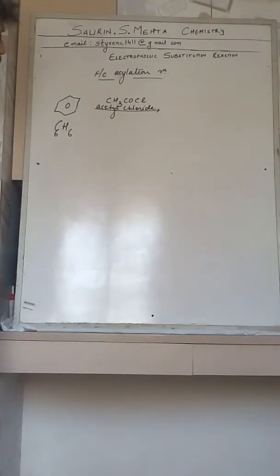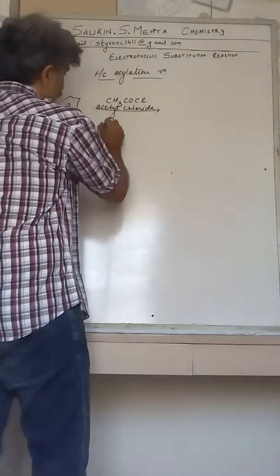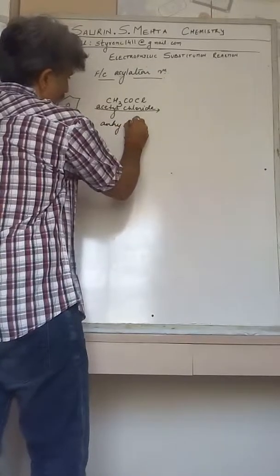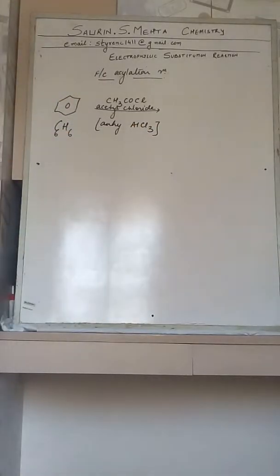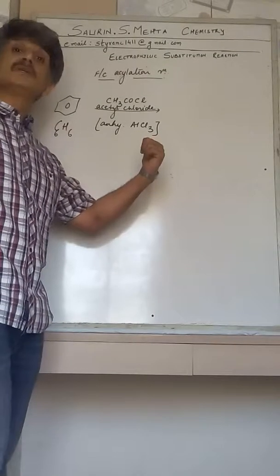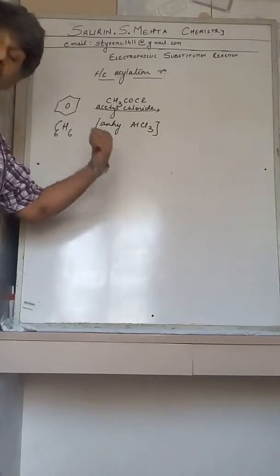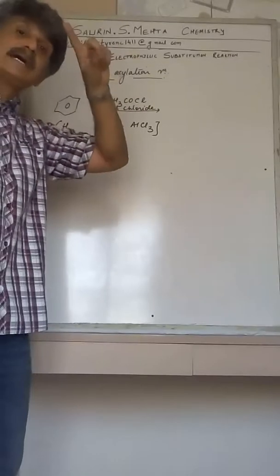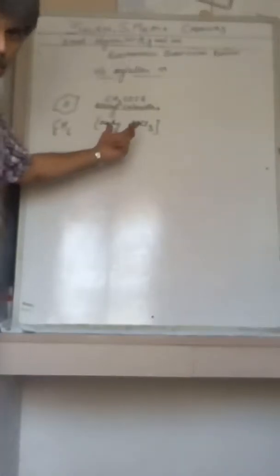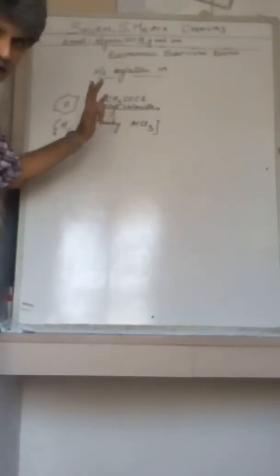CH3COCl in presence of anhydrous aluminum chloride, which is going to act as a catalyst, as we have already understood in the previous episode of Friedel-Crafts alkylation. How the mechanism is going to take place, I'll definitely explain you again, don't worry.